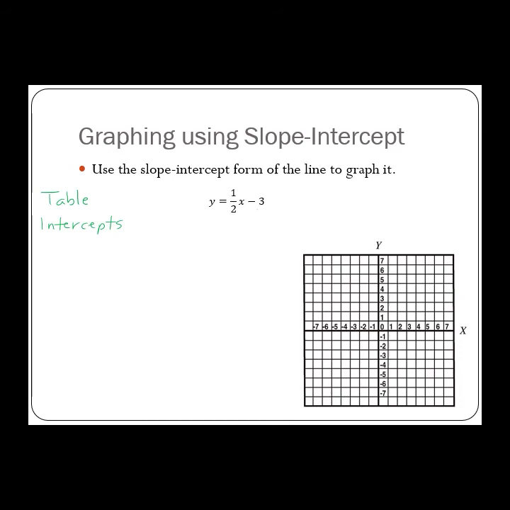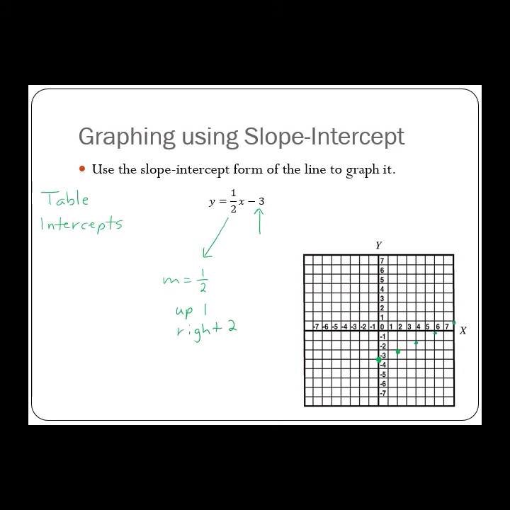So I'm going to start by looking at this. The y-intercept is down here at (0, -3). So I'm going to start with that. And then I'm going to use the fact that the slope is 1/2, which tells me to go up 1, right 2, up 1, right 2, and keep repeating that.